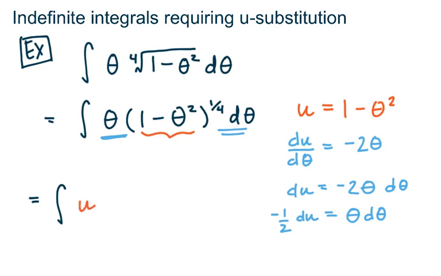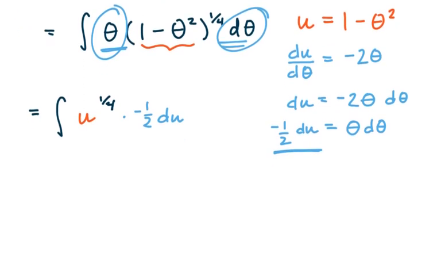I'll have U to the 1/4 power, and theta d theta is equal to negative 1/2 du. So I have times negative 1/2 du. Okay, at this point now, we can pull that negative 1/2 in front of our integral symbol, and I just need to integrate U to the 1/4 du.